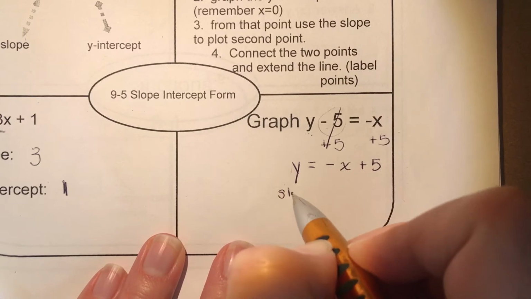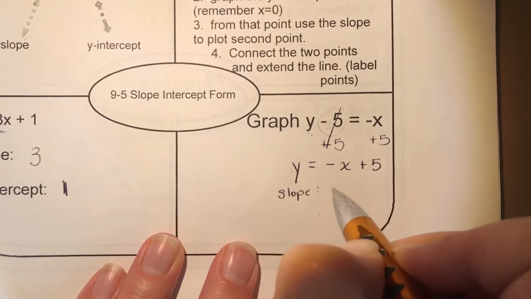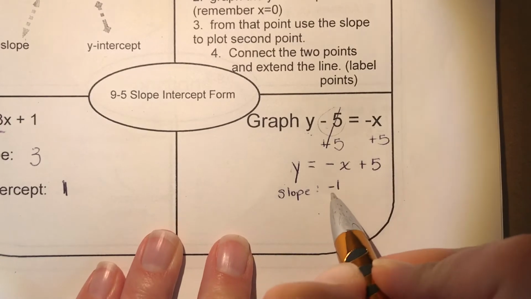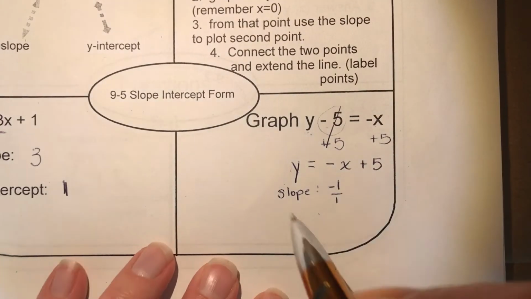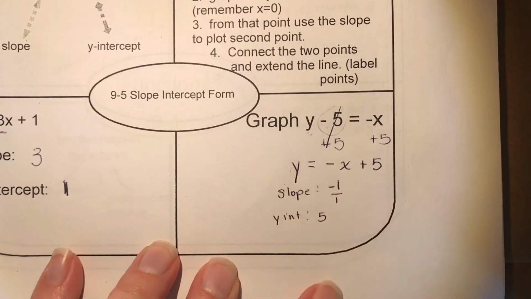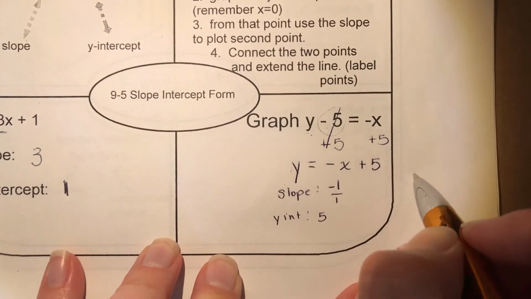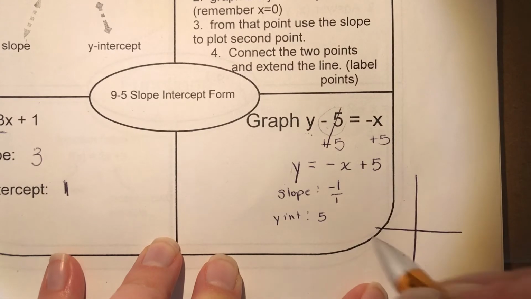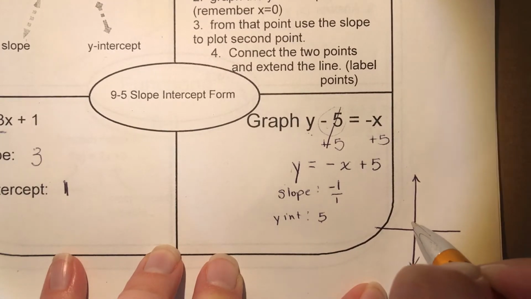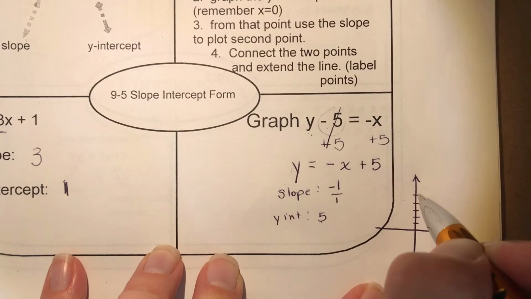My slope would be a -1, but again, fractions are easier, so I'm going to say a -1 over 1. My y-intercept is a +5. And to quickly graph this for you guys, the y-intercept, so on the y-axis, I know I need to go up 5. 1, 2, 3, 4, 5.